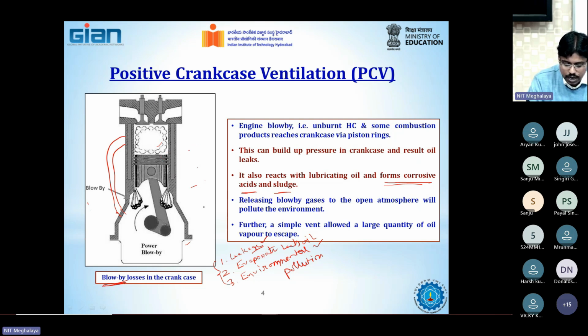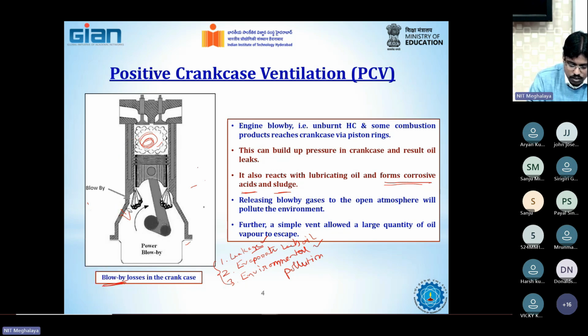But the problem is that when the combustion occurs, as I told, inside the combustion chamber, the pressure is very high. So at a very high pressure, this gas again can come back into the crankcase and create some of these three problems. So linking the crankcase directly to the combustion chamber is not viable. So then what is the solution?